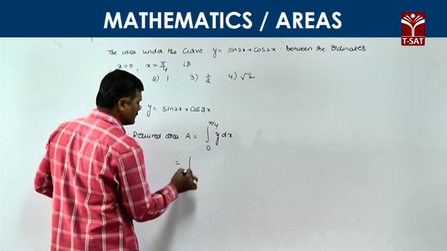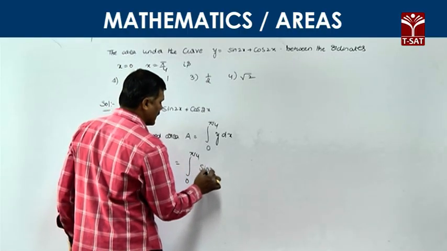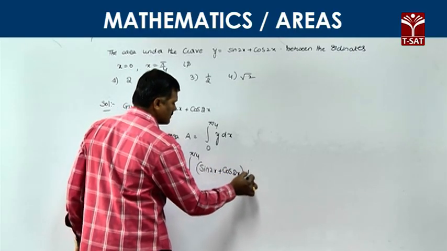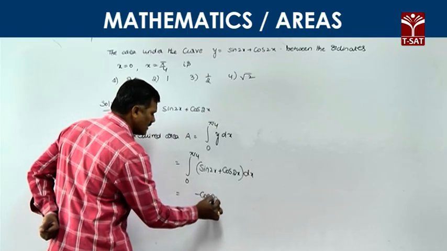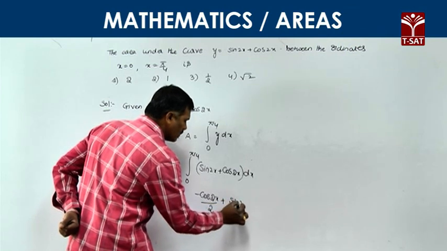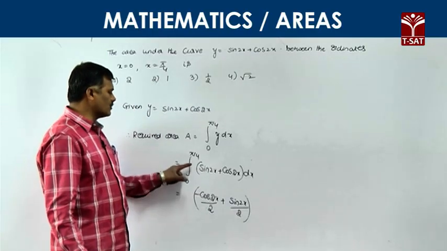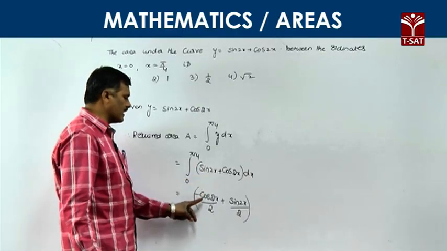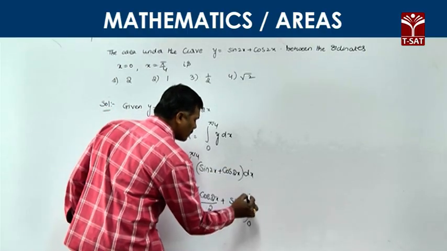That is equal to the integral from 0 to π/4 of sin 2x + cos 2x, the given y, dx. Now, the integral of sin 2x is minus cos 2x by 2, plus the integral of cos 2x is sin 2x by 2, limits 0 to π/4.